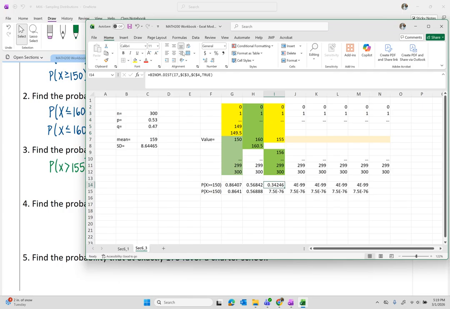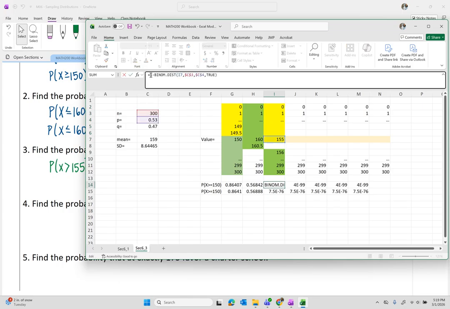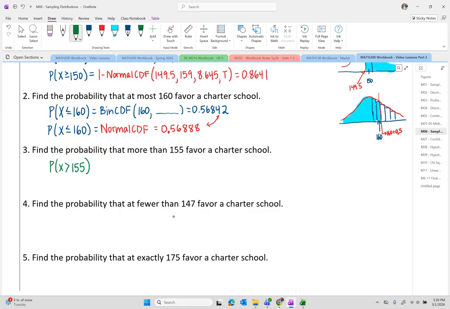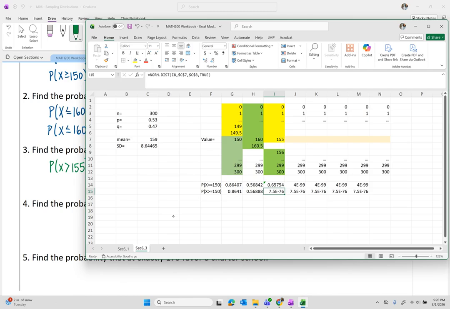So this here will be equal to 1 minus the binomial distribution, and instead of I7, no, actually I7 will work. I will need 1 minus this. So the answer for that is 0.65754. So 1 minus the probability of X being less than or equal to 155. And that answer came out to be 0.65754.